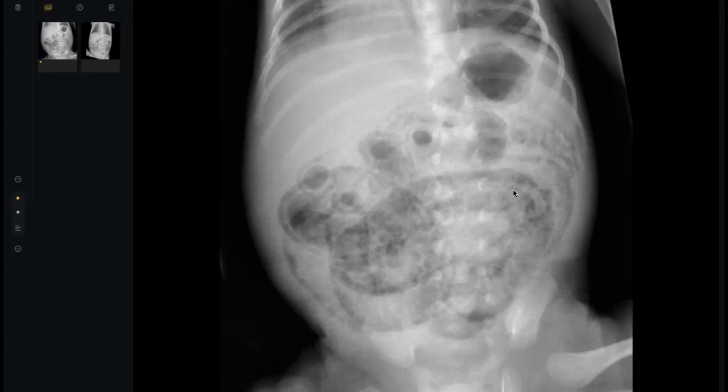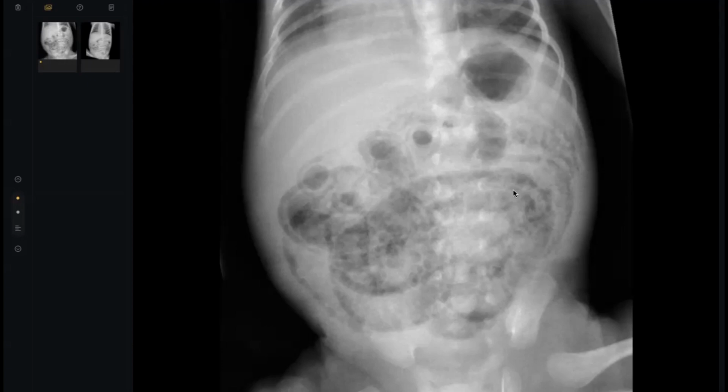Do you have any clue of pneumoperitoneum here? There are no lucencies over the liver, no free air under the diaphragm. There may be a lining of the inner and outer wall of the bowel. So I would suggest a lateral decubitus to confirm the pneumoperitoneum.